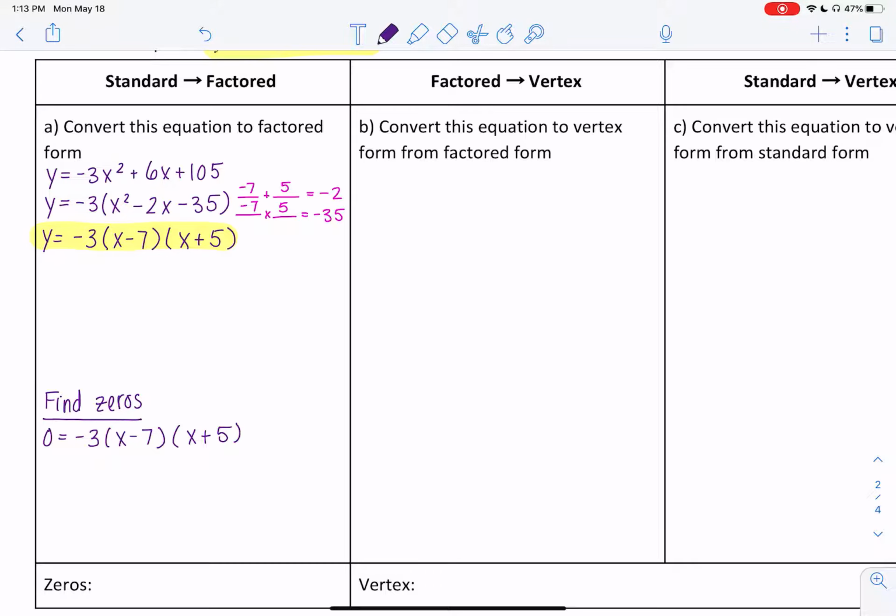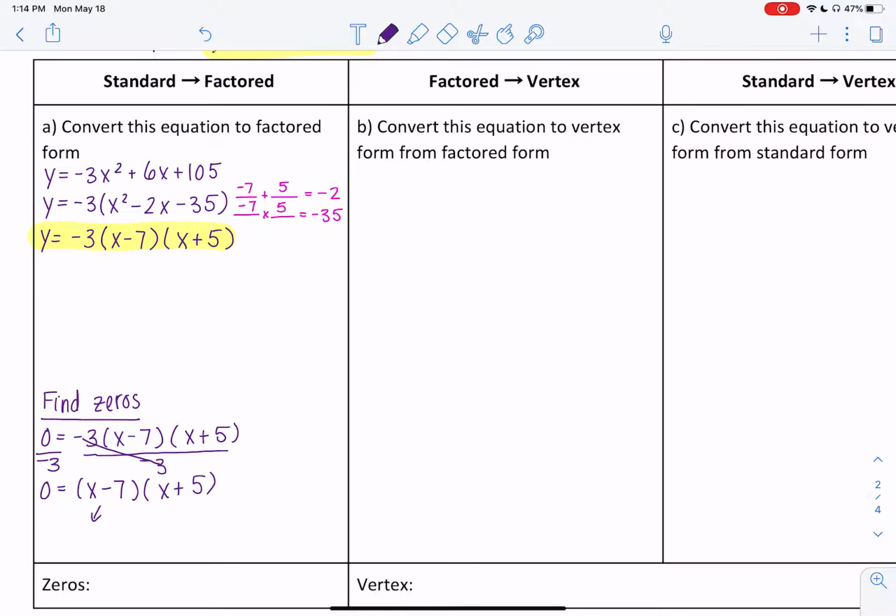So that -3 is being multiplied by the whole thing. So in order to get rid of that, I'm just going to divide it out on this side, divide it out on this side. 0 divided by -3 is just 0. So that goes away, which is lovely. And now I can just set those two brackets equal to 0. So we have x minus 7 equals 0.